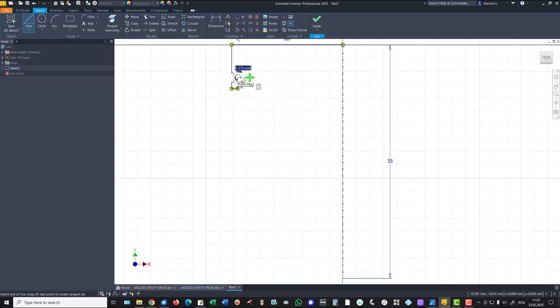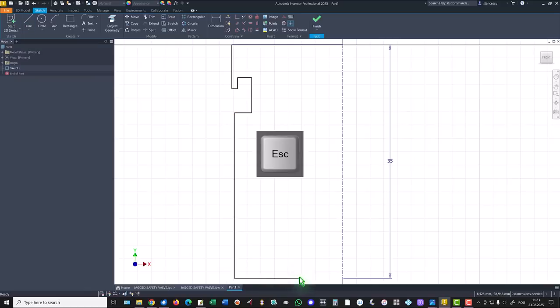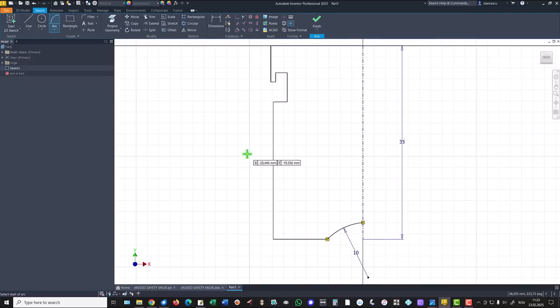Vertical, right, left, down, again here, we want to be at this level with another vertical, then somewhere here we draw an arc with a radius of 10. All dimensions are in the drawing, of course.